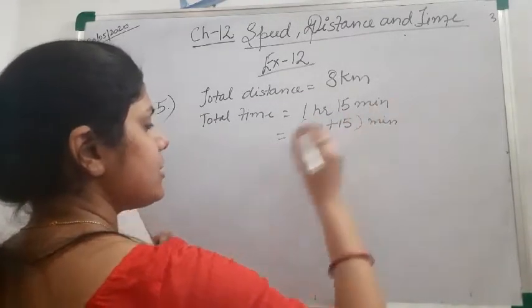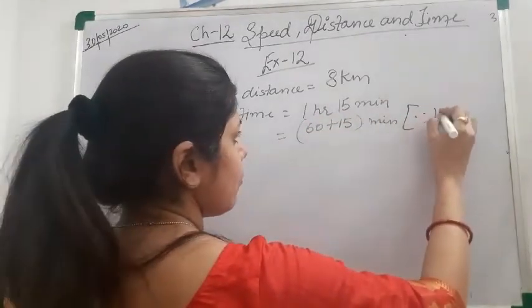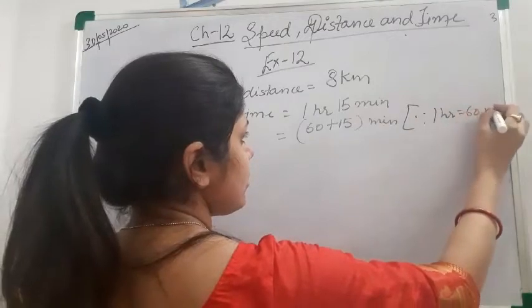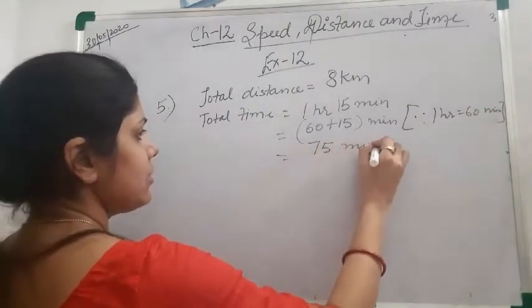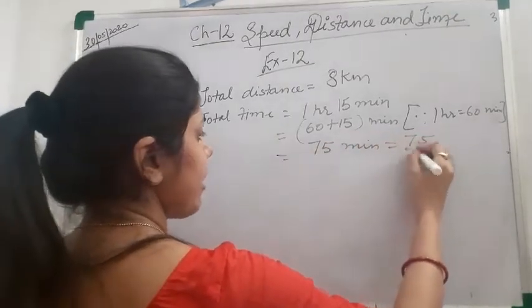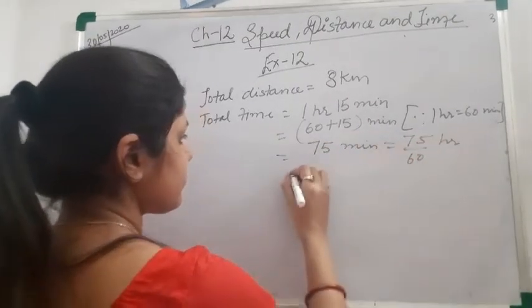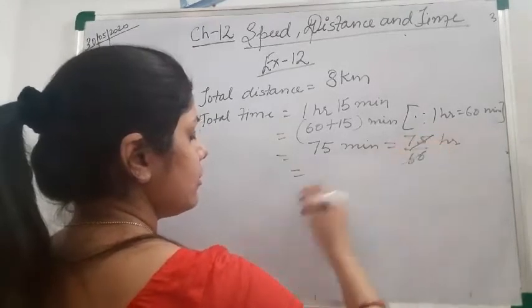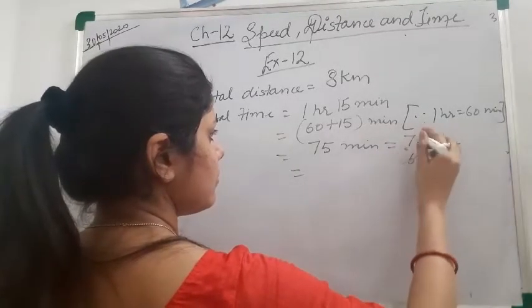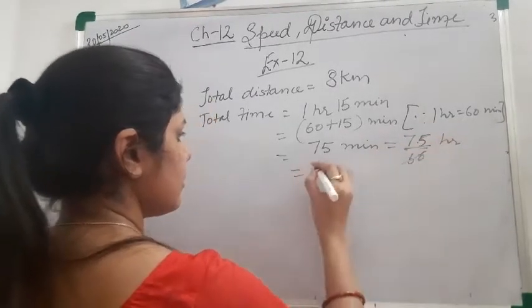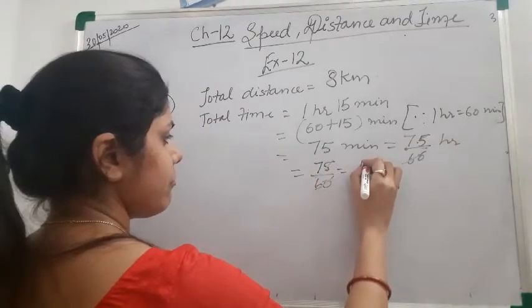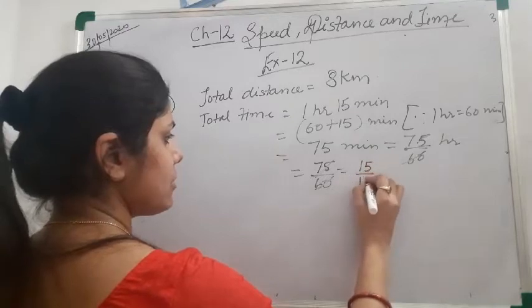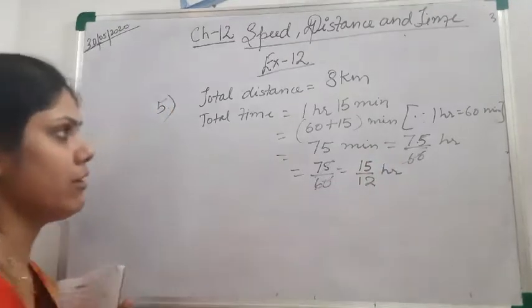Why I have written 60? 1 hour is equals to 60 minutes. 75 minutes is equals to 75 upon 60 hour. When you will convert, then five fives are 25... 15 upon 12 hour.